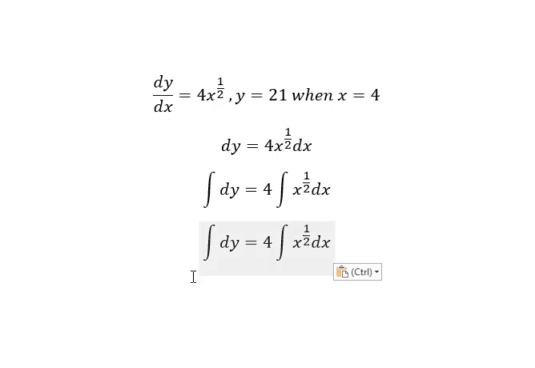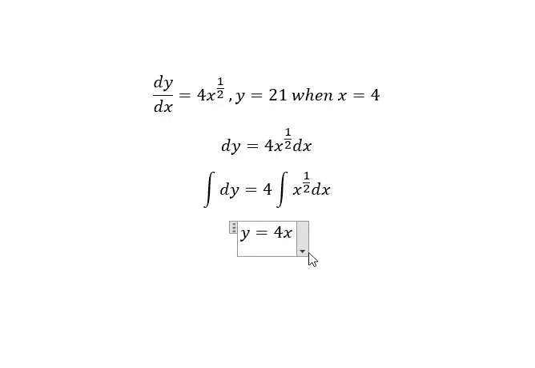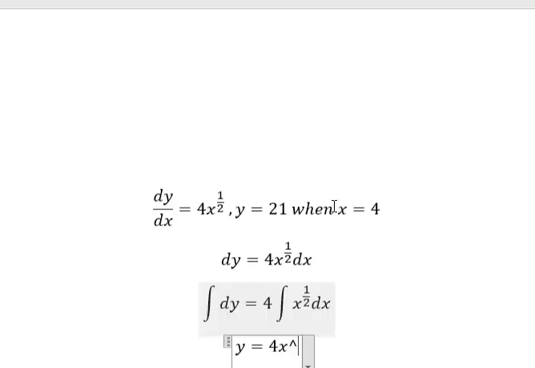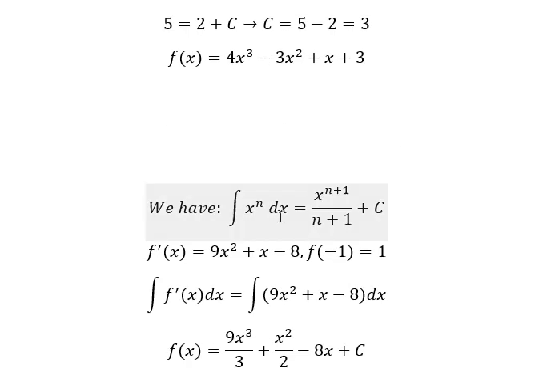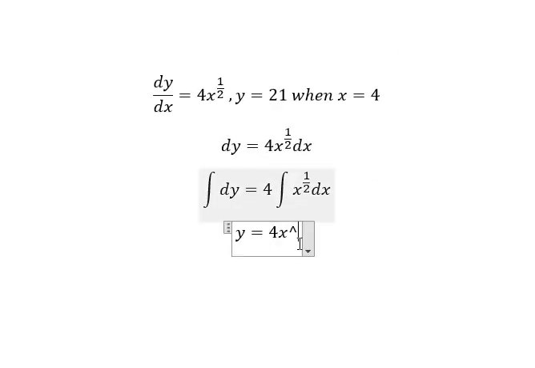So this one we have y. This one we have 3 over 2 because we put 1 over 2 plus 1 from this equation. So that's why we have 3 over 2.